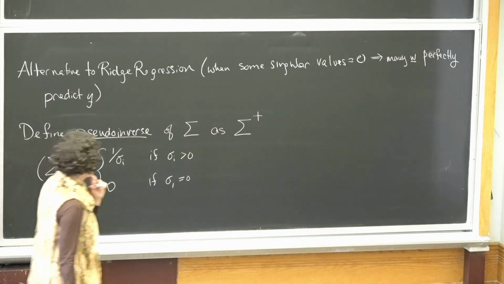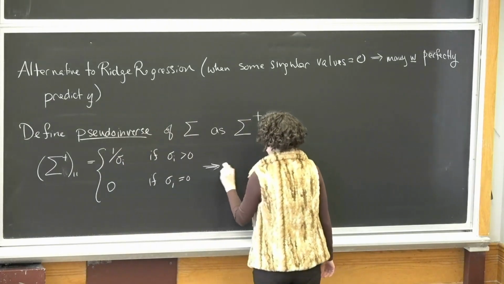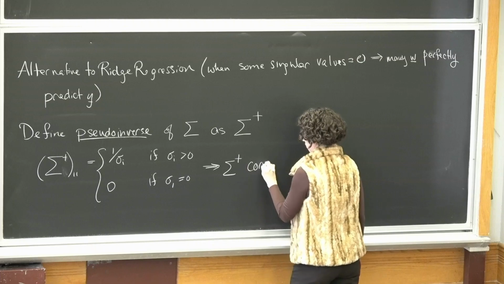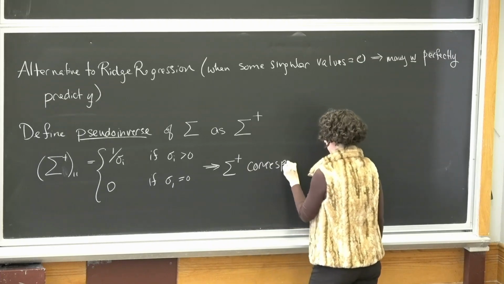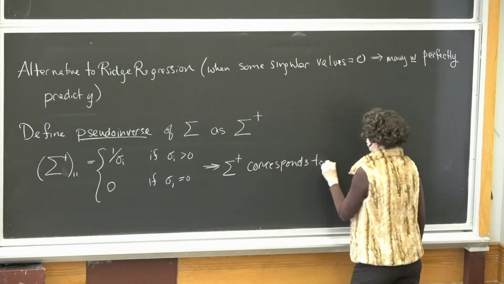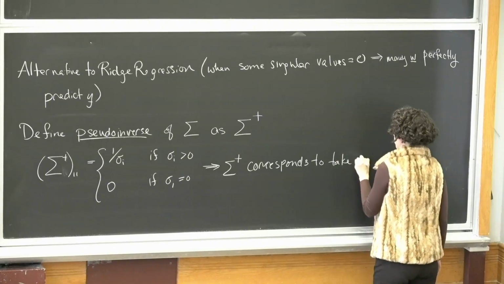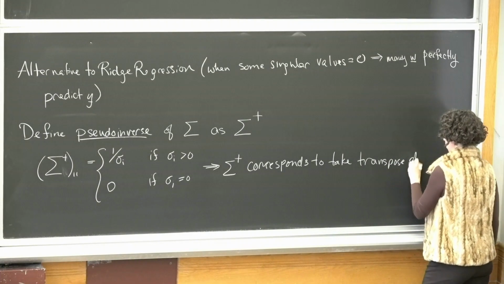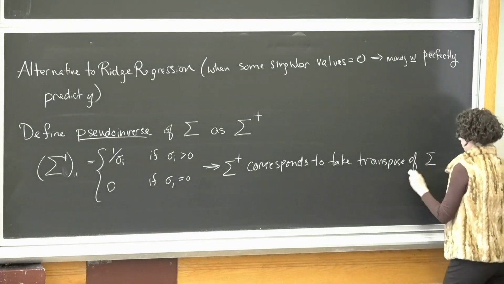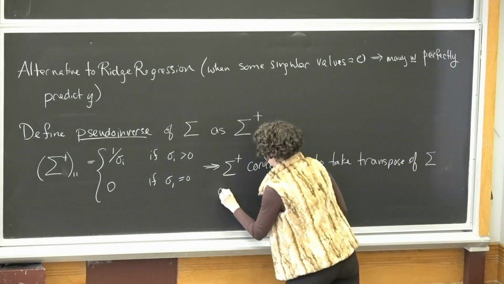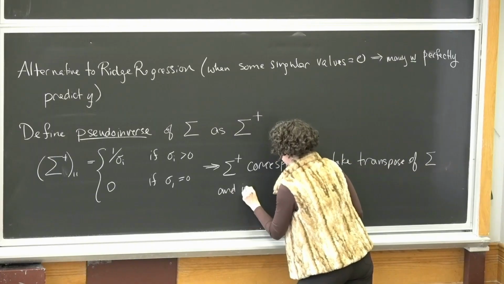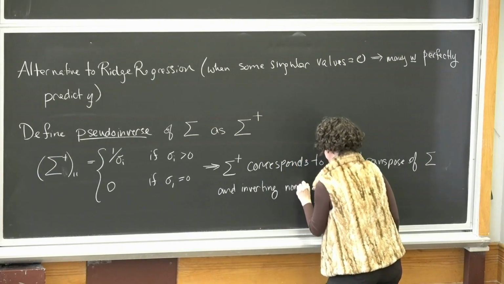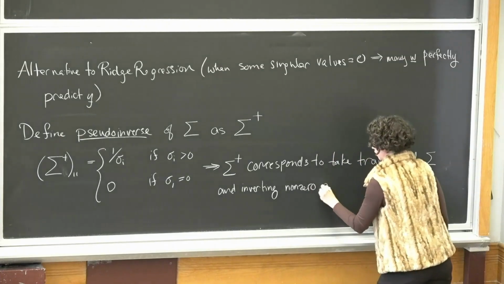So in other words, it corresponds to taking the transpose of sigma and inverting the non-zero diagonal entries.